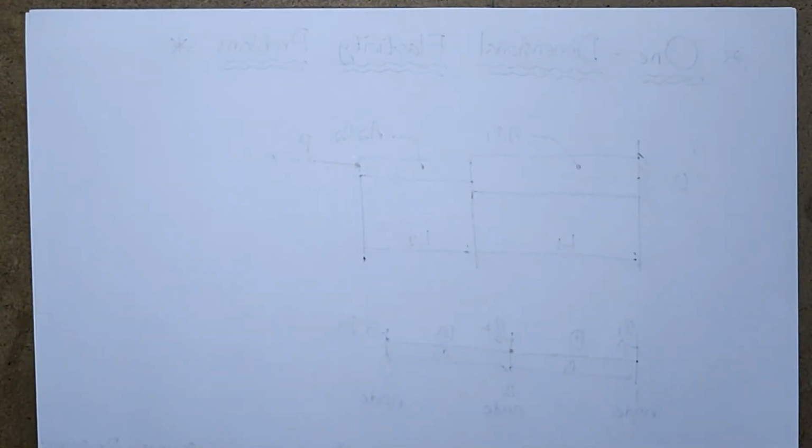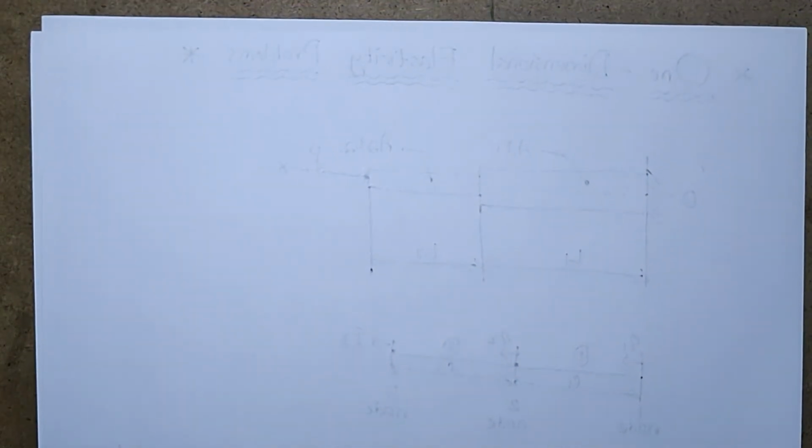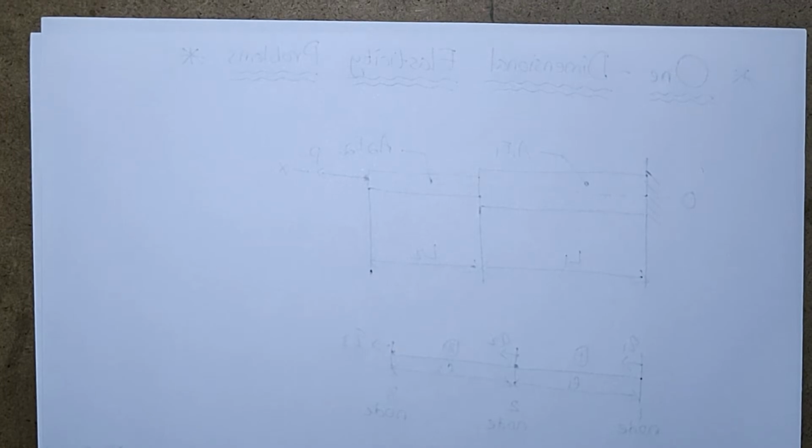Now we will go for the next step. Here we have finished writing element 1 and element 2. The next step is we have to write the global matrices. The global stiffness matrix size is 3 by 3, since the number of rows and columns are equal to the product of the number of nodes and the number of degrees of freedom at each node.